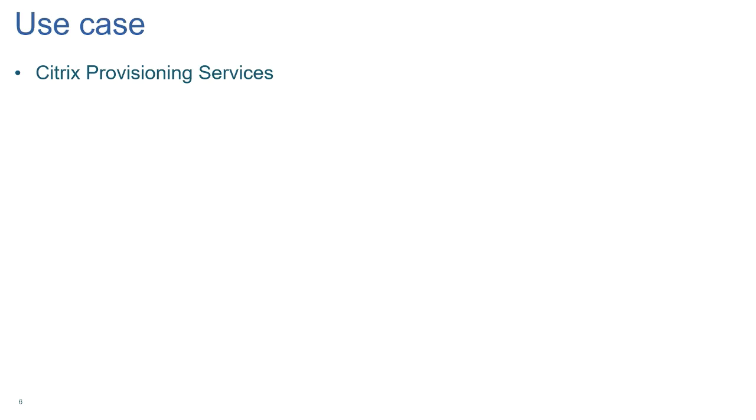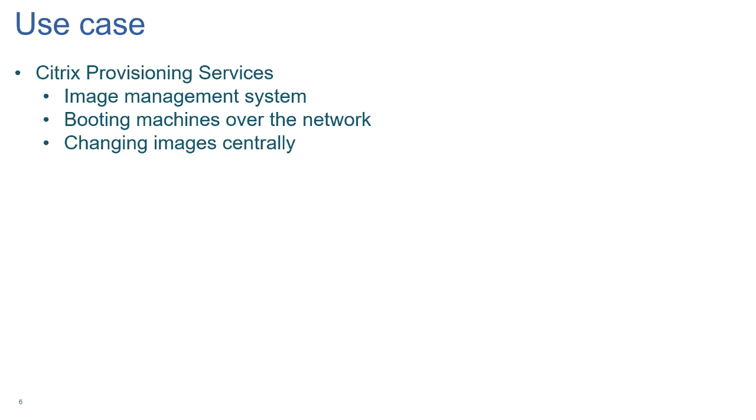PVS is a Citrix product that allows machines to boot over the network from a network-based disk. This allows an administrator to change what disk a machine is booting from without even touching the machine itself.